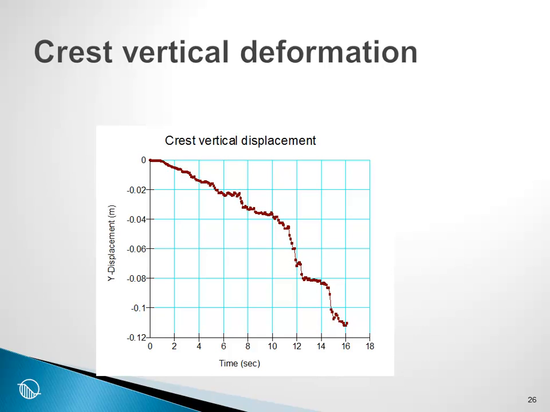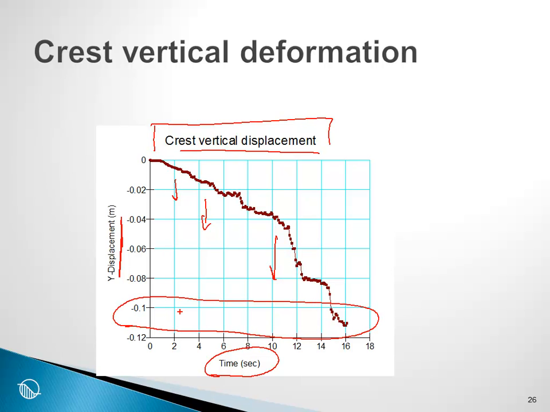So what we can do then in SIGMA is plot the crest vertical displacement, the y displacement, versus time at the crest of the dam, and in this particular case we can see how the displacement has gone down, and we have accumulated, and ultimately we end up saying that it is possible in this particular case that the crest of the dam would settle approximately a tenth of a meter during this earthquake.